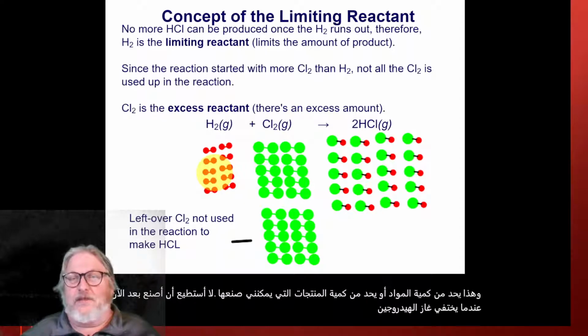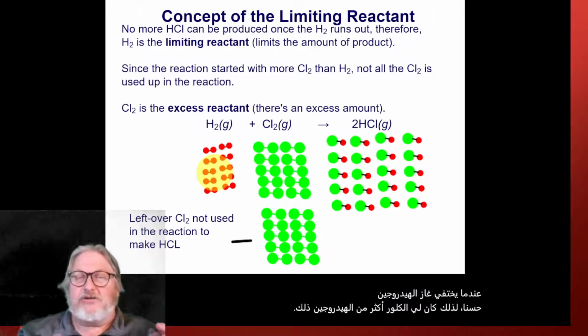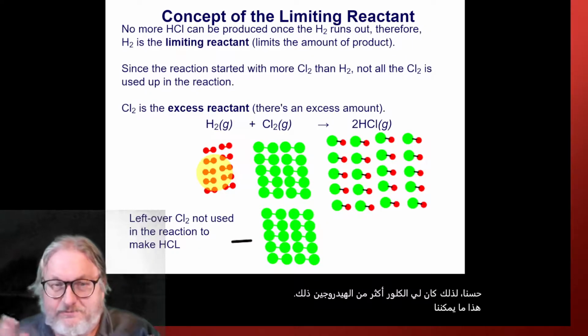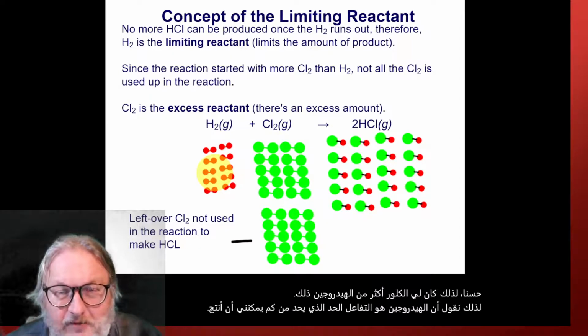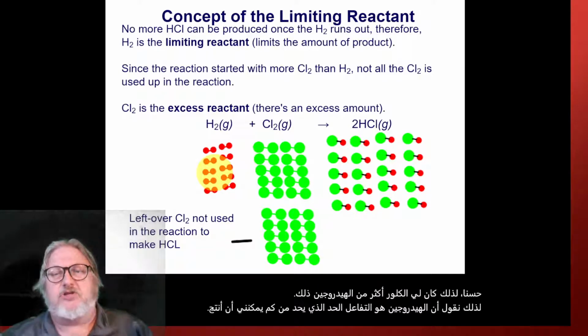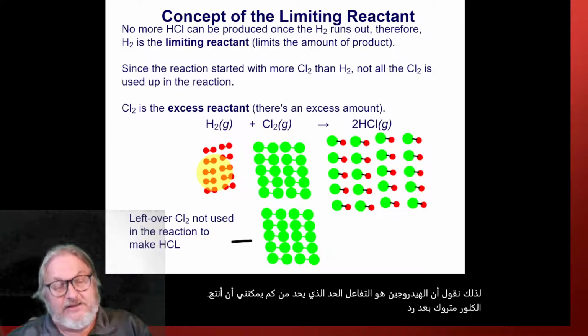So I have more chlorine than hydrogen, so we would say the hydrogen is the limiting reactant. That limits how much I can produce. Now chlorine is left over after the reaction, so we call that the excess reactant. It didn't all get used up.